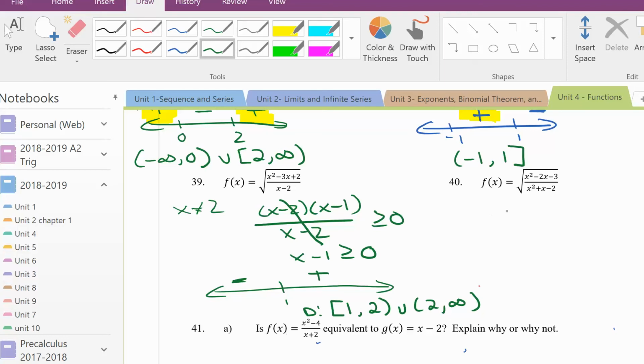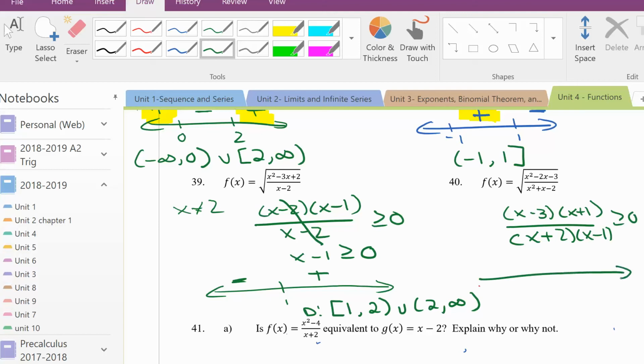Okay, here you have x minus 3 over x plus 1 over x plus 2 times x minus 1. That's greater than or equal to 0. So you got a lot of critical numbers here, like you have -2, -1, 1, and 3.